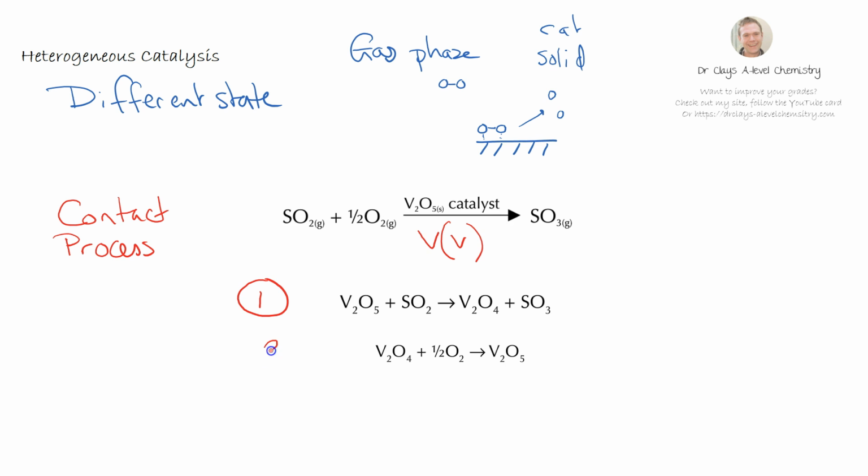With the second step reoxidizing the vanadium(IV) back to vanadium(V) by the addition of half O2. And if we look at the overall reaction, if we cancel out our vanadiums here, we end up with an overall reaction of SO2 plus a half O2.